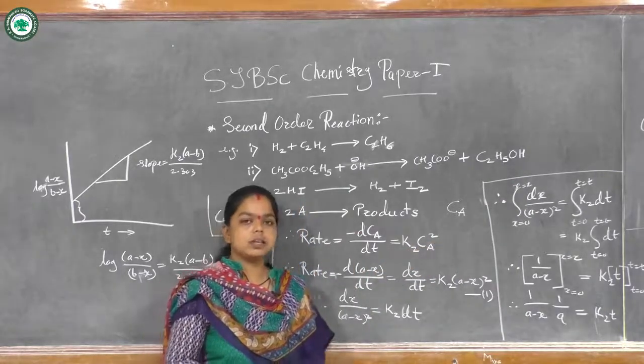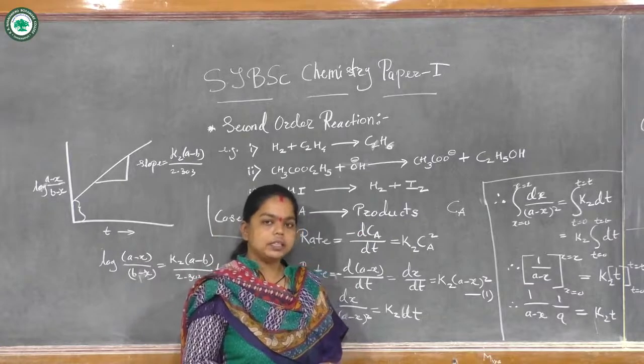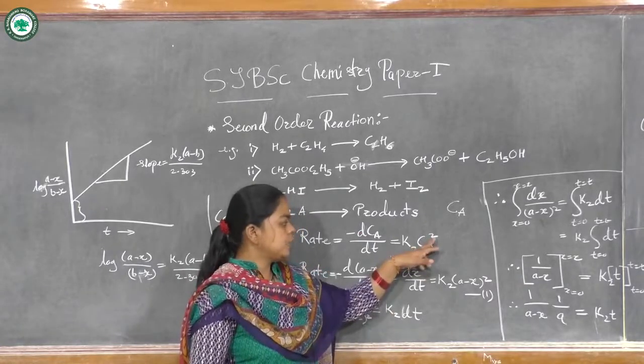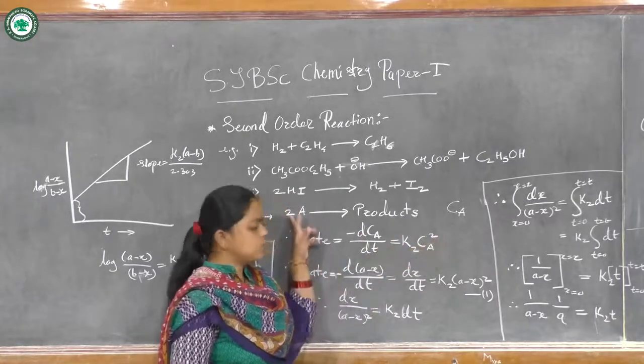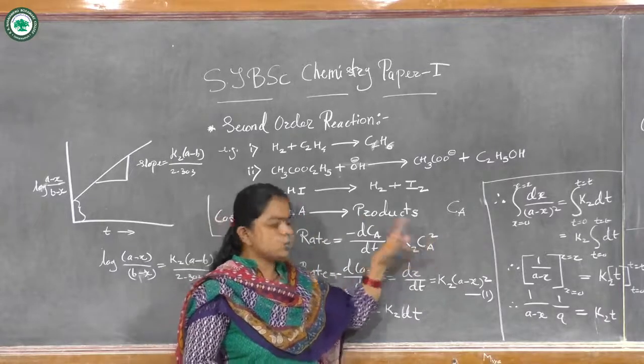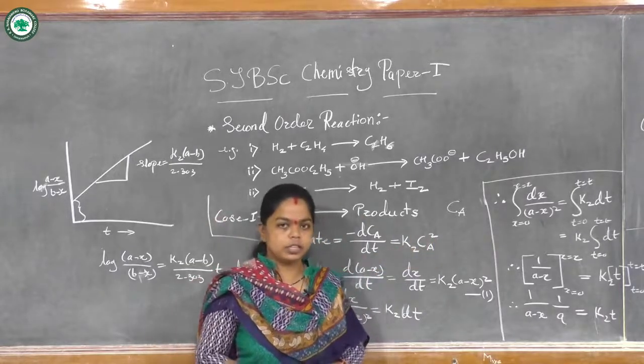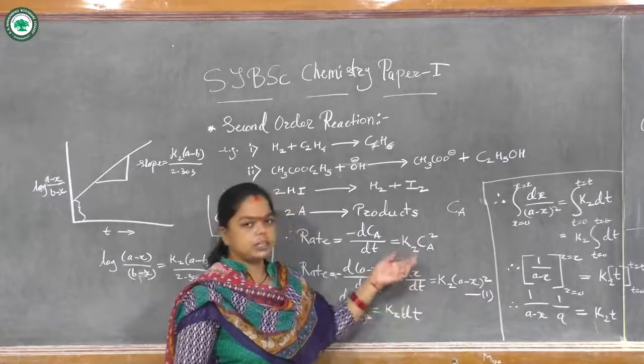Here Ca is the concentration of reactant A and the exponent is 2 because the coefficient is 2, so it is a second order reaction. So this is the basic rate equation.